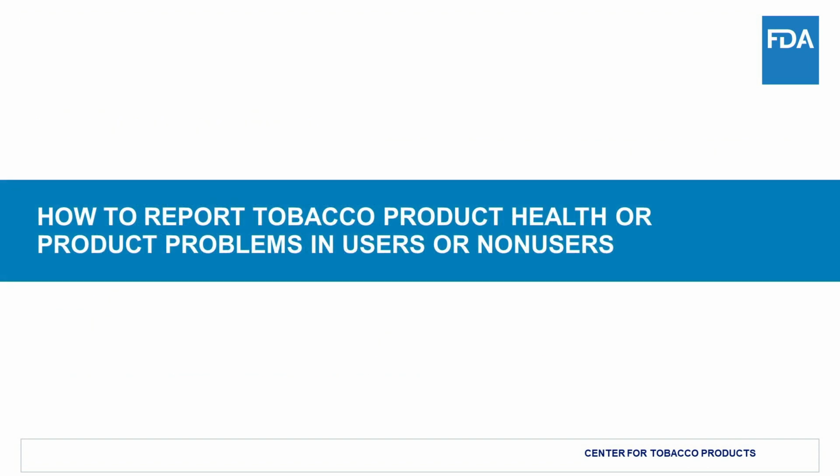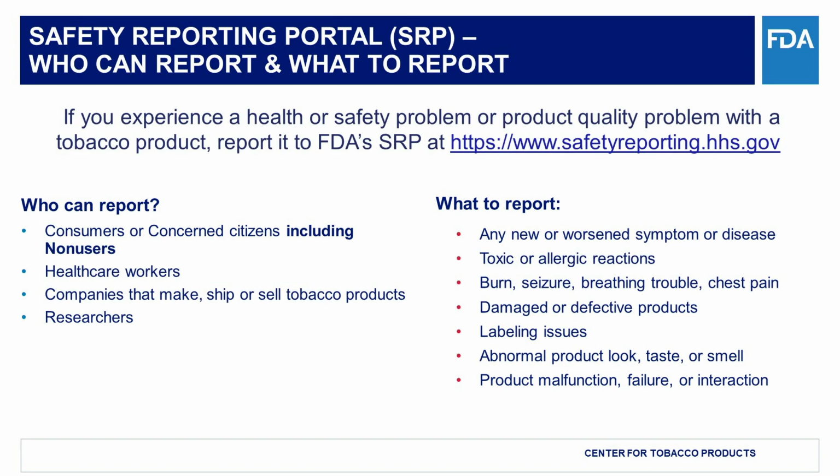Now let's talk about how to report tobacco product problems, including adverse experiences. Tobacco product problems include adverse health effects, also known as adverse experiences or AEs, safety issues, and product quality problems. These tobacco product problems, including AEs, are best reported in the FDA's Safety Reporting Portal, or SRP.